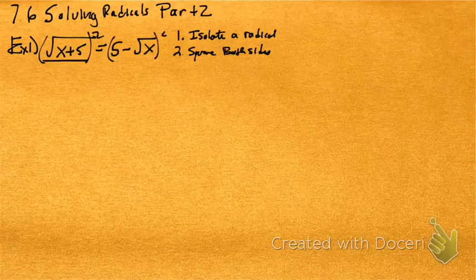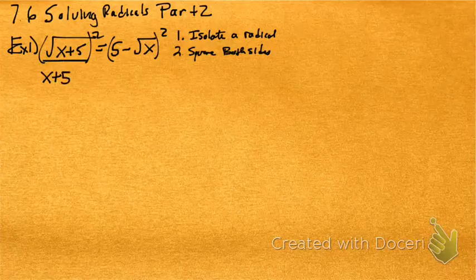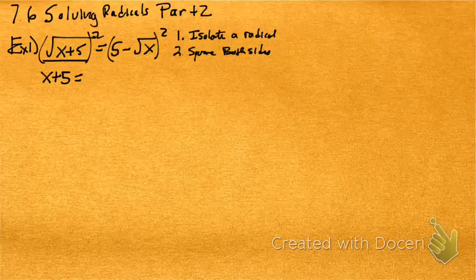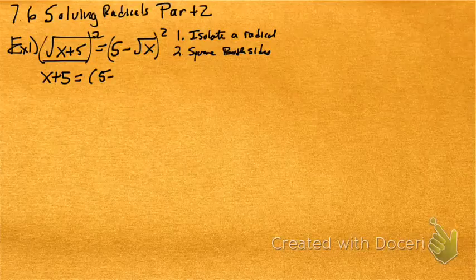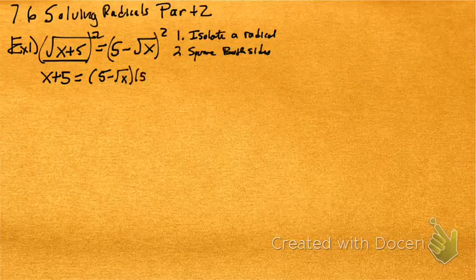If we square both sides, I have to square the square root of x plus 5, and the whole idea is to undo that square root, so I just get x plus 5. On this side, you cannot simply distribute that exponent of 2 to the 5 and the negative root x. You have to rewrite the binomial 5 minus the root of x twice and multiply that out.